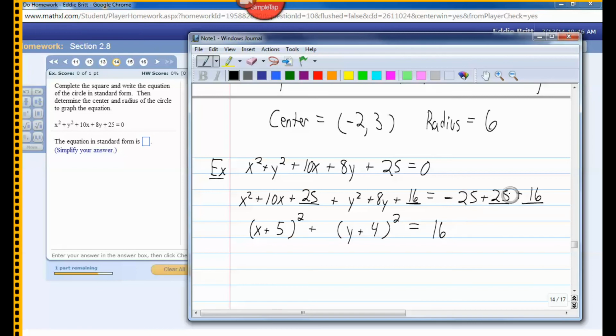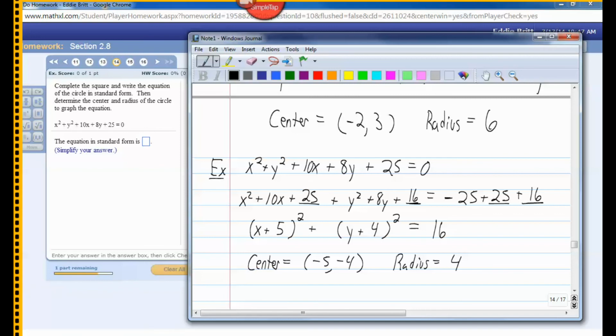Alright, now, negative 25 plus 25 is 0. Plus 16 is 16. So the center is equal to the point negative 5, negative 4, and the radius is equal to the square root of 16, which is 4.